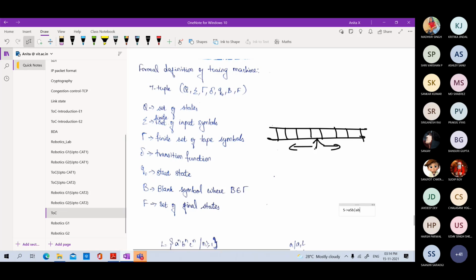Sigma represents the finite set of input symbols. In the previous case, tau represented the stack symbols; in this case, tau represents the tape symbols. Delta represents the transition function, Q naught the start state, and B the blank symbol. Blank means the empty slots in the tape will be filled by blank.